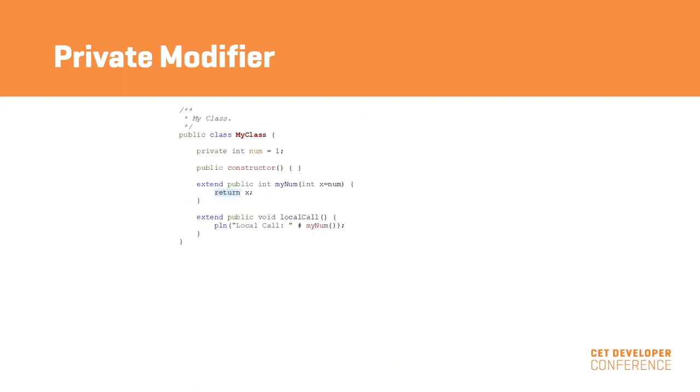Okay, this is kind of an odd case that I stumbled upon, and I'm not sure if it's supposed to work this way, but I wanted to point it out because this could definitely be a big issue if you did this. So here you can see that I have my private int num, and I'm using that as a default for my argument x.